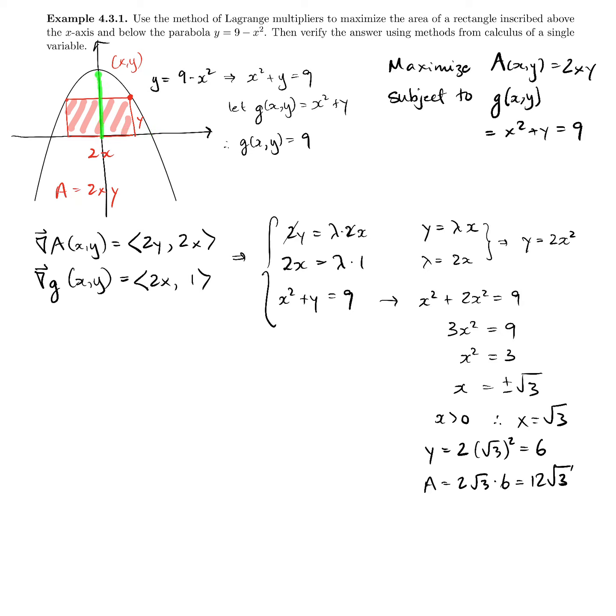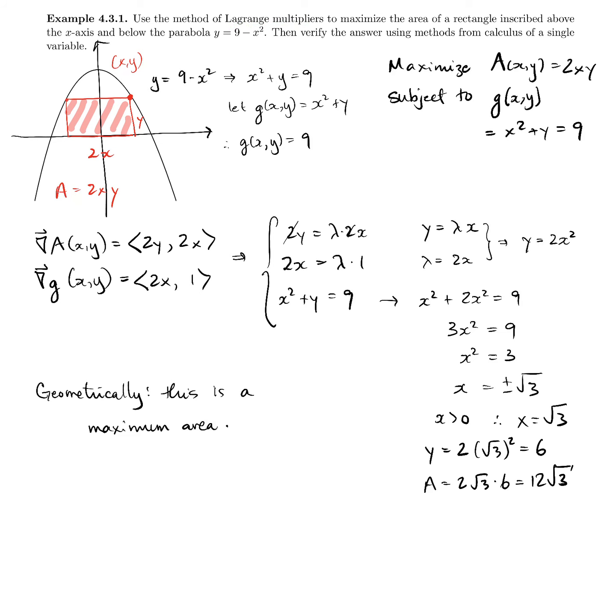Rectangles drawn up here will also be smaller, and so there has to be some maximum value in between the two, so we can say that geometrically this is a maximum area. So there's the method of Lagrange multipliers.